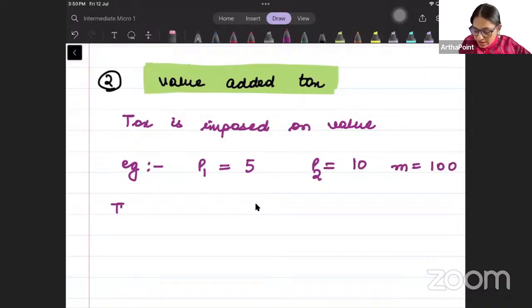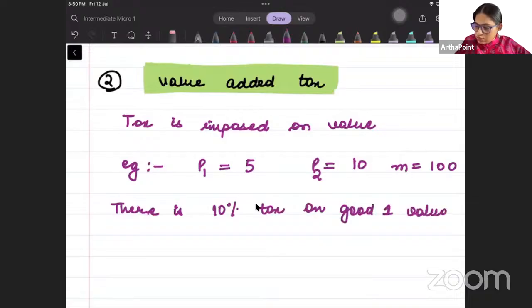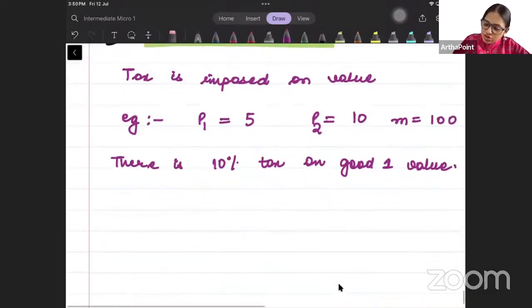And I tell you there is 10% tax on good 1 value. Price of good 1, there is a 10% tax. There is 10% tax on the value of good 1. So now what will happen, kids? What will happen?